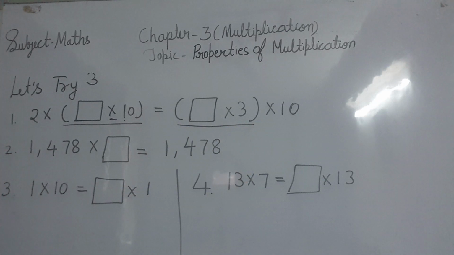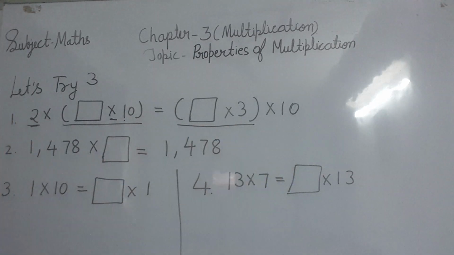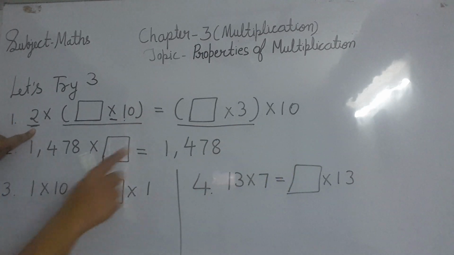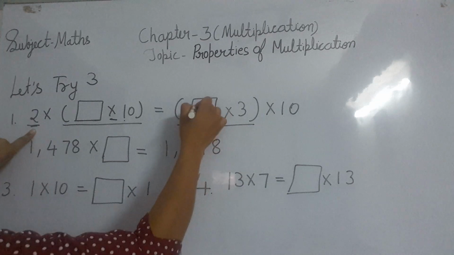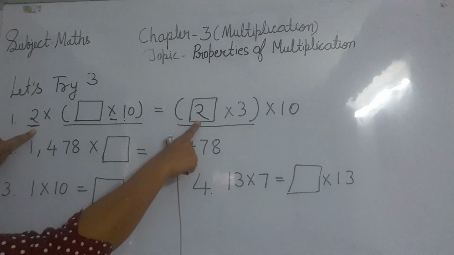What is the meaning of the grouping property? When we multiply 3 or more numbers, the product will remain the same. So what are the 3 numbers? 2 is here. See here, these 3 numbers will repeat here only. Okay. 2 is here but 2 is not here. So what will come here? 2. Yes. So 2 is here, 2 is here.